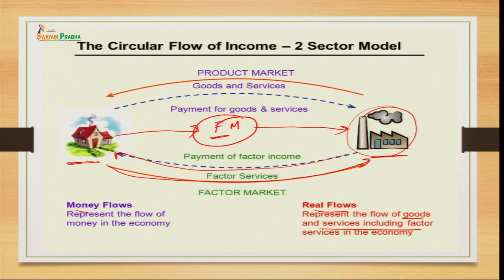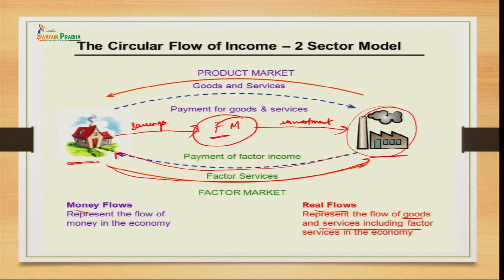So, basically, the savings are coming from the households, and then the financial markets are going to invest that money in the firms, so that they can multiply their money and get good interest, which they can also give to the households on their savings. So, this is how this circular flow takes place, right.